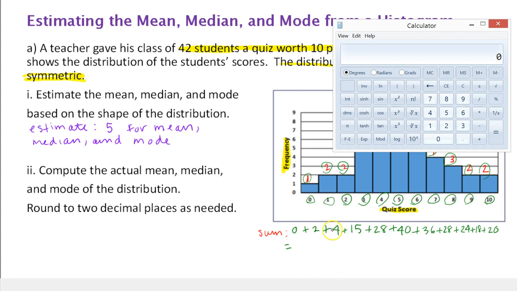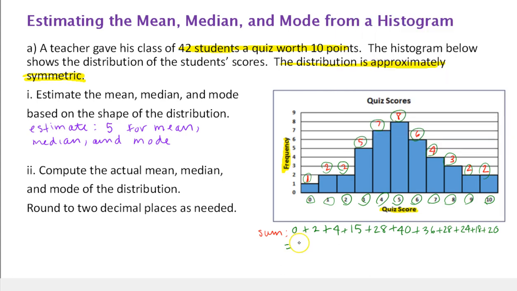I'm going to put these together and add in my head. So that's 6. Then 15 plus 28 plus 40 plus 36 plus 28 plus 24 plus 18 plus 20, which gives us 215.